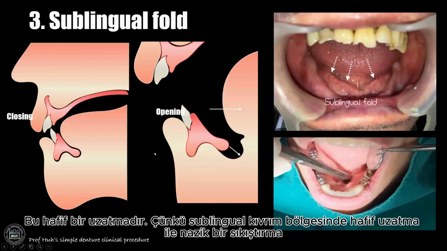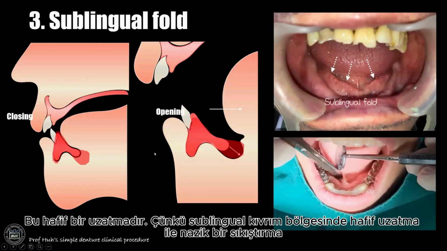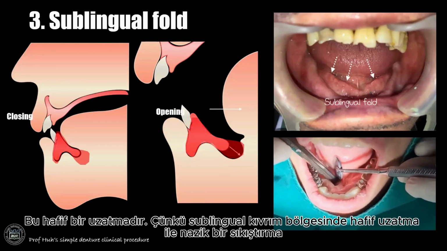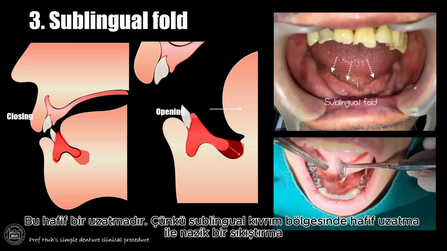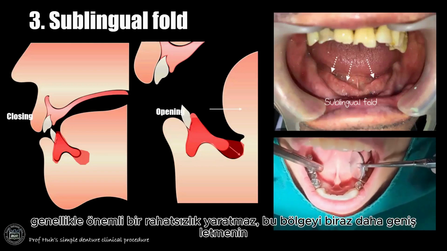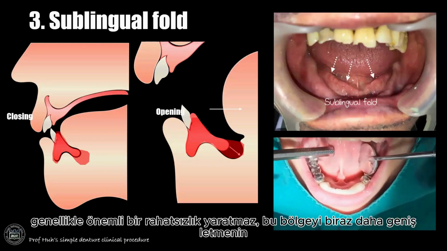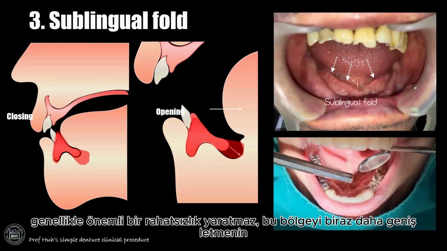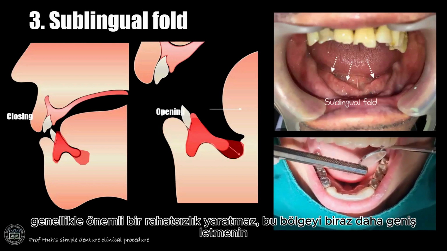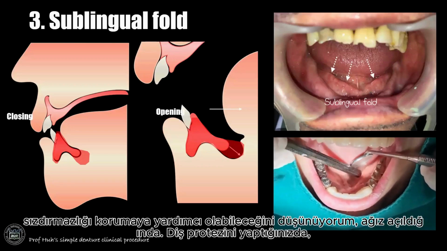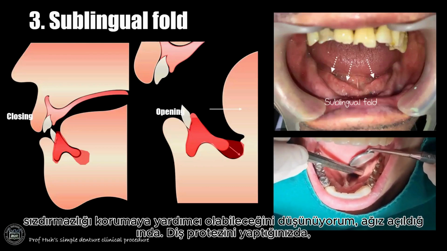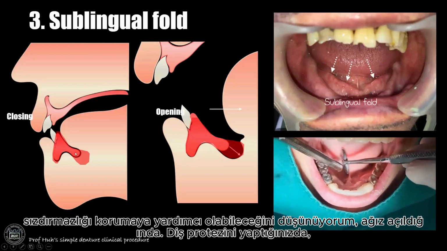So what do you think about this? Slight extension with a gentle compression in the sublingual fold area usually does not cause significant discomfort, as I told you. So I think that extending this region slightly wider may help maintain the seal even when the mouth is opening.